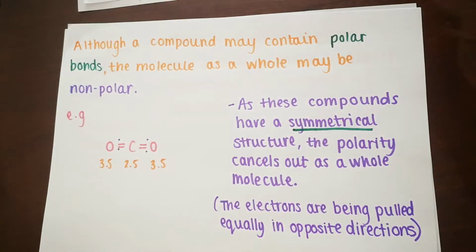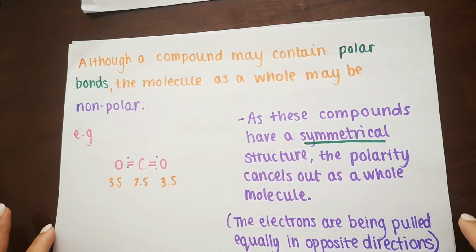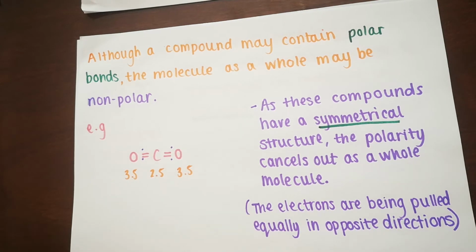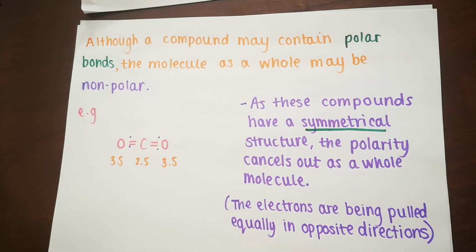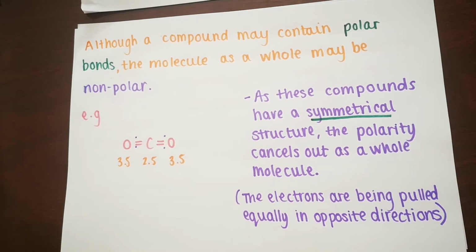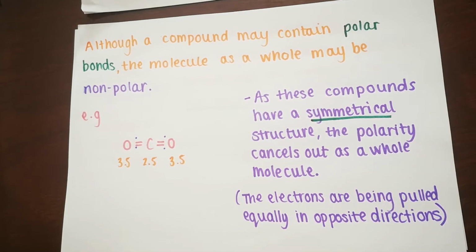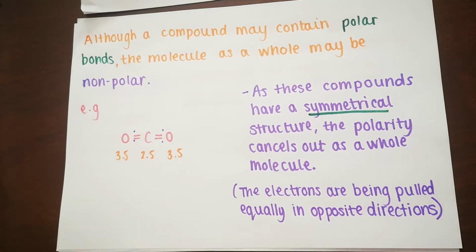So, going on to this, you've now had your polar bonds, which is your difference in electronegativity values, and you've got your non-polar bonds, which is no difference in electronegativity values. Although a compound may contain polar bonds, overall it may be non-polar. This is due to the shape of the compound.